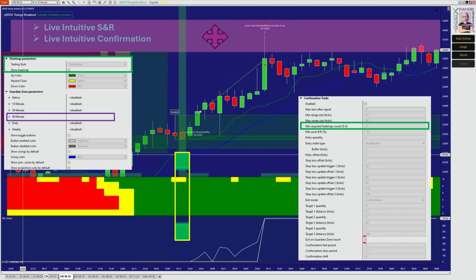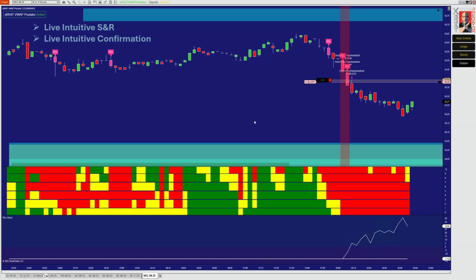There's lots of fresh air to the next support and resistance zone, so lots of room to trade into. So it takes the trade and follows all the other criteria for the optimization. You can see down here that exit on Guardian Zone touch is checked, so when it hits one of these big 60-minute zones it automatically takes the profit, because we understand it doesn't really want to push through.